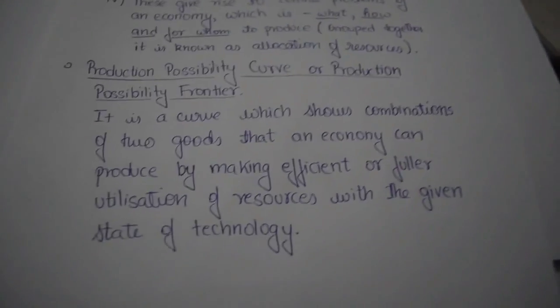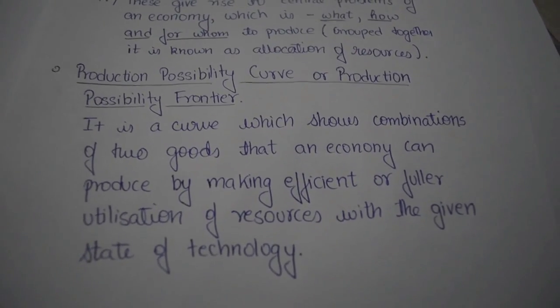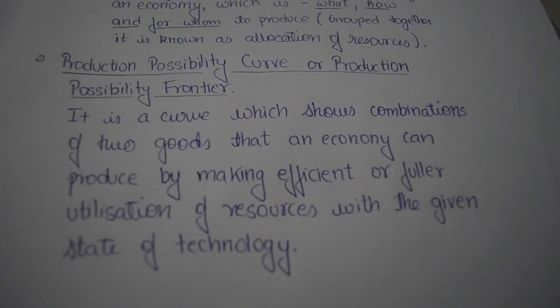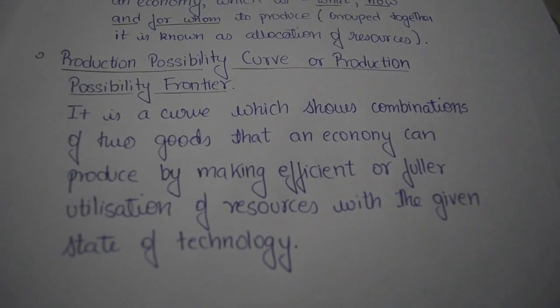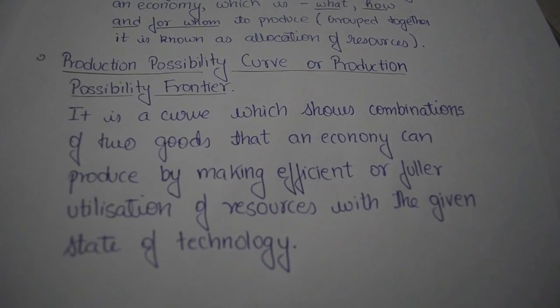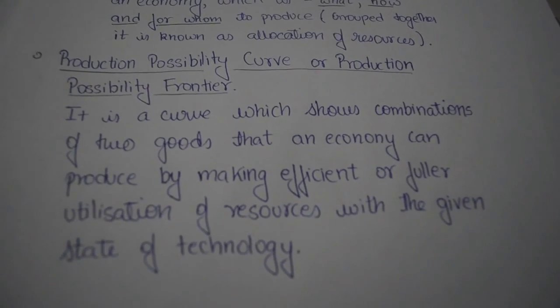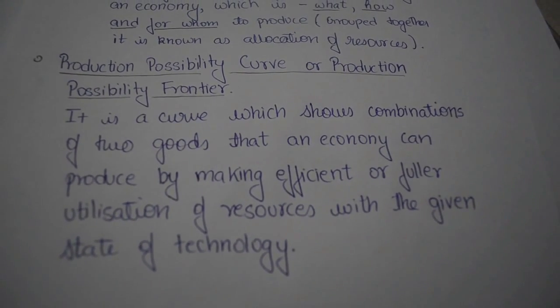Then we come to something known as the production possibility curve. It is a curve which shows combinations of two goods that an economy can produce by making efficient or fuller utilization of resources with the given state of technology.